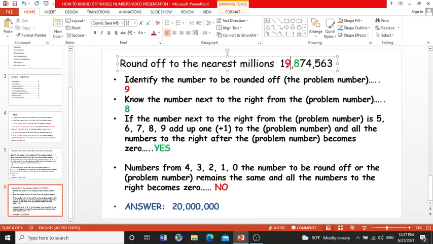If we add up 1, this becomes 0, and after 0 you add 1 on top, so your answer will be 20 million.